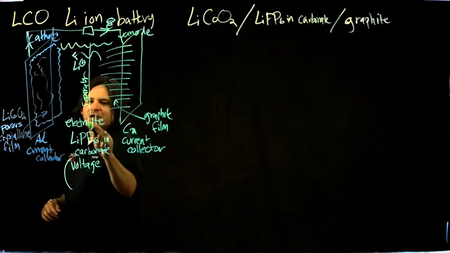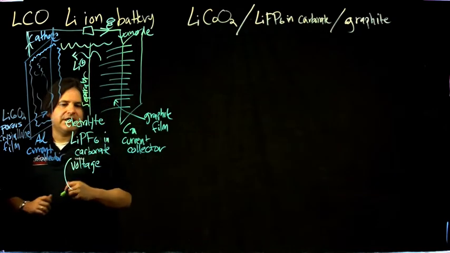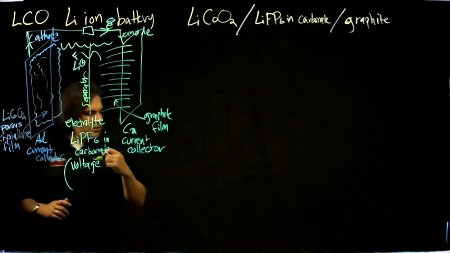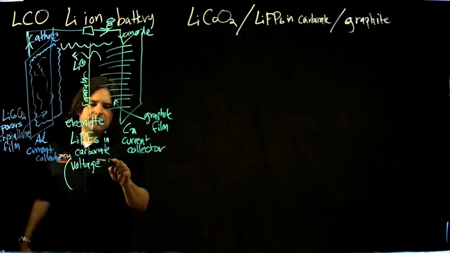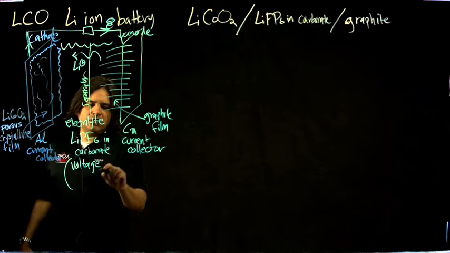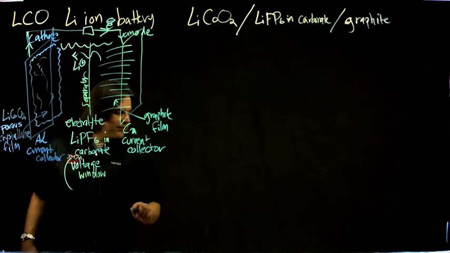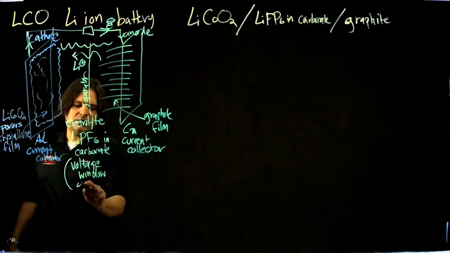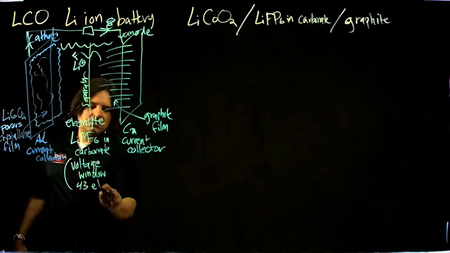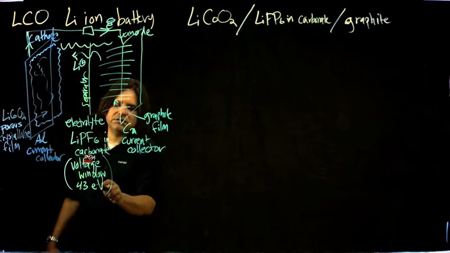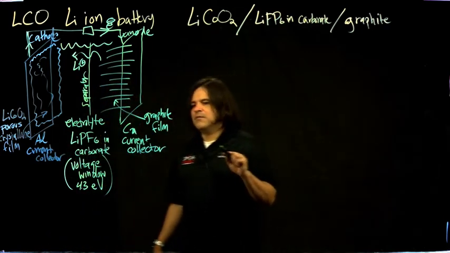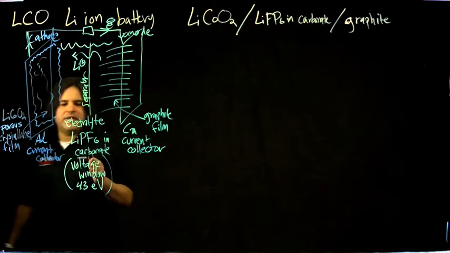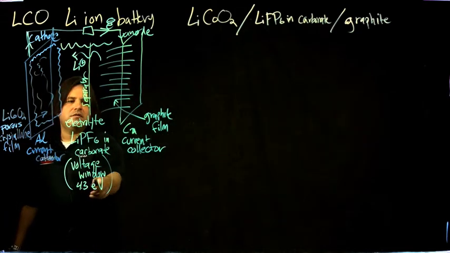So this electrolyte is compatible with that because it can also handle about 3 volts. Specifically, the voltage window that this can handle is 4.3 electron volts, which is different than volts, but related. And that's good because you can have more energy.